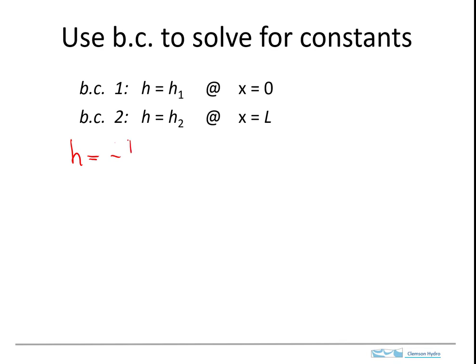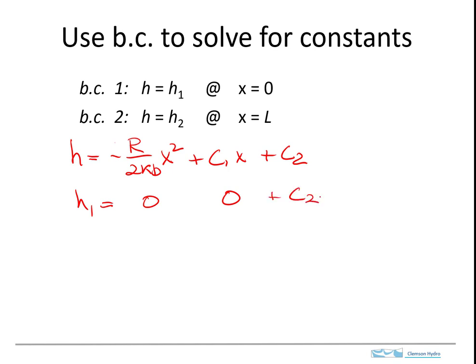So I'm just going to rewrite this. And then I'm going to use the first boundary condition and substitute in H equals H1 and x equals 0. So that term is 0, that term is 0, and then that term is C2. So from this, we get that C2 is equal to H1.